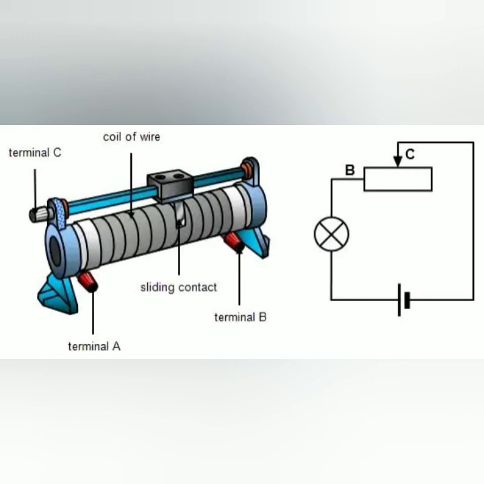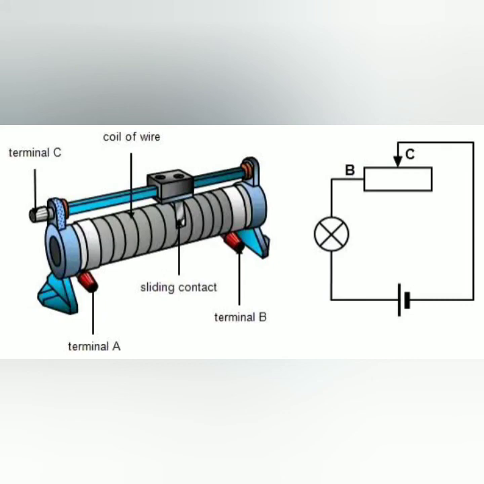Whereas, if you move the contact to the terminal A, you take more and more resistance in, and therefore this would decrease the value of current in the given circuit. The rheostat seen in the image is a slide type of rheostat, which is more often used for educational purposes in laboratories.